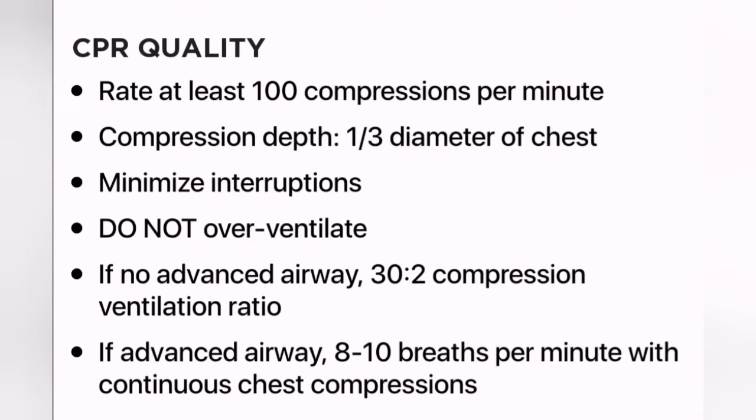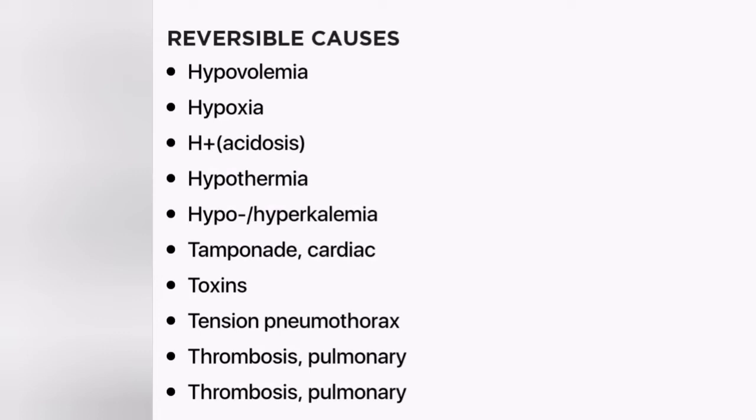Going down, check blood gas for acidosis, check the chemistry for hypo or hyperkalemia, send a blood sample for toxicology, and go down checking for any signs of trauma. You have to check all these reversible causes, because if reversed, the patient can improve and you can treat the cause of cardiac arrest.